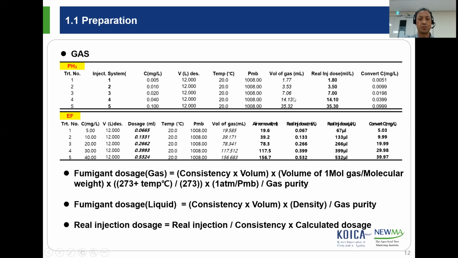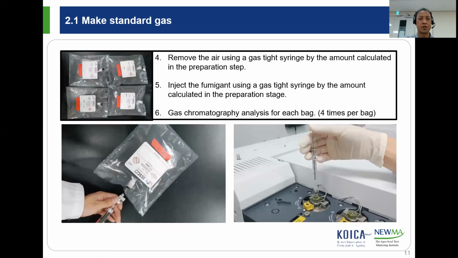So you remove the amount calculated, and then inject the amount calculated. Then do the gas chromatography analysis for each bag: the 4 bags, 4 times per bag.